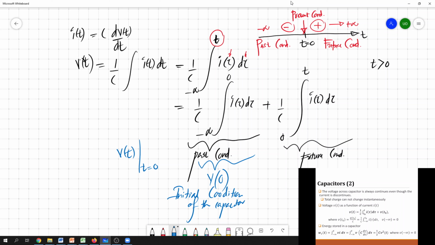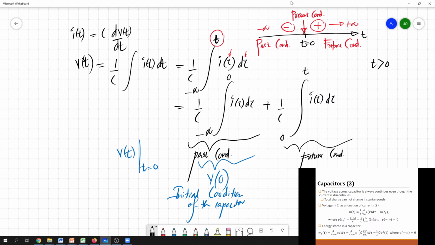Whatever the variation is, it is simply embedded inside this V0. So this is the initial voltage of the capacitor at t equals 0. Then from t equals 0 to t equals t, we capture the voltage variation through this integral.